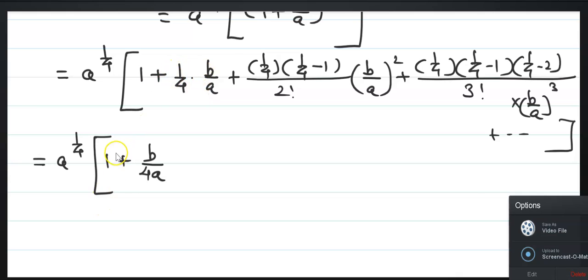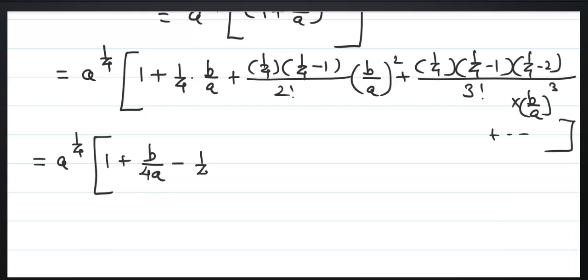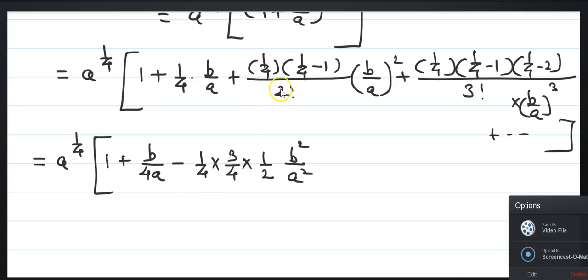That is, first is 1 b upon 4a. Next simplification. Minus sign is there. What is here? 1 by 4. Now if you simplify 1 by 4 minus 1, that is minus 3 by 4. 1 upon 2 factorial means 1 upon 2, b square upon a square.